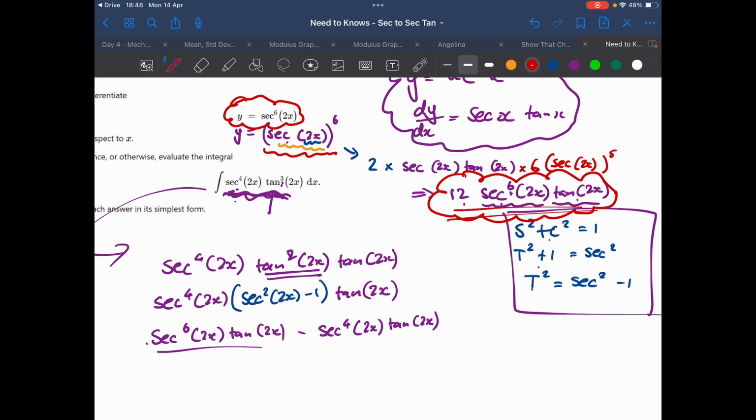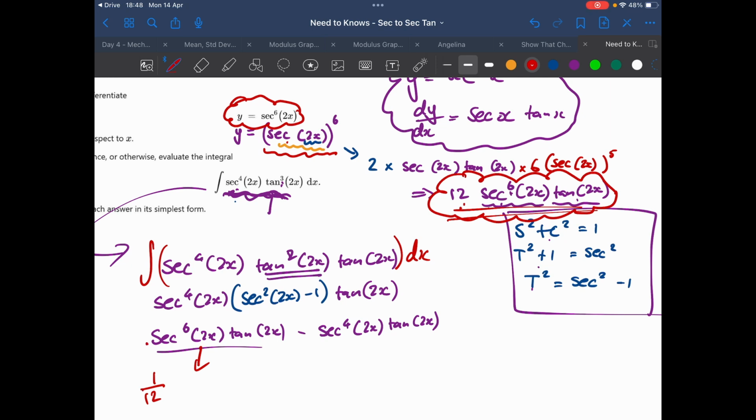So I can put some notation there. I'm going to say that this is actually going to integrate to a 12th. Think about why I've got the 12th, because you divide by 12 when you integrate with that.